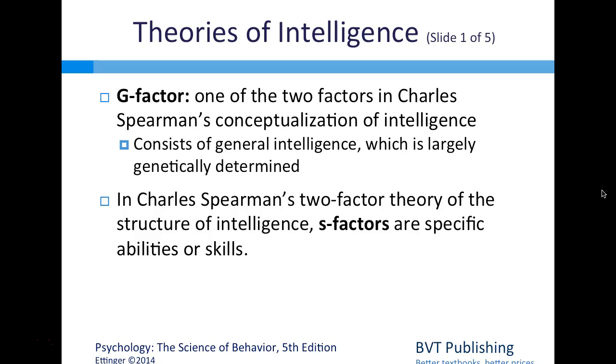Okay, let's talk a little bit now about theories of intelligence. So first we're going to talk about Spearman. So Spearman's view of intelligence reflected his use of factor analysis, which is a statistical procedure that enables researchers to identify groupings of test items that seem to tap a common ability or factor.